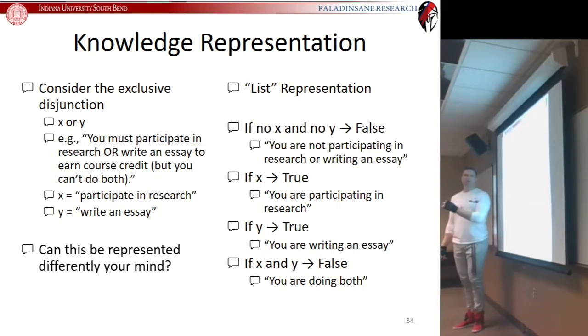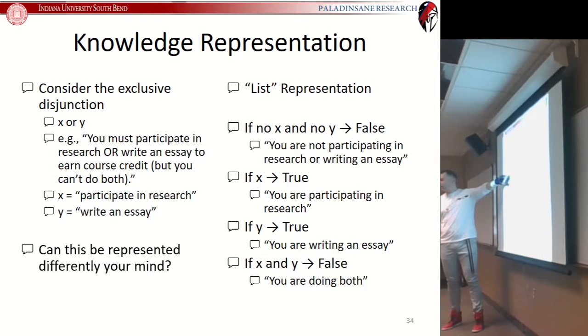Can actually achieve that understanding that you need to have X or you need to have Y. If you have none of them, you're not following the rule. And if you have both of them, you're not following the rule.